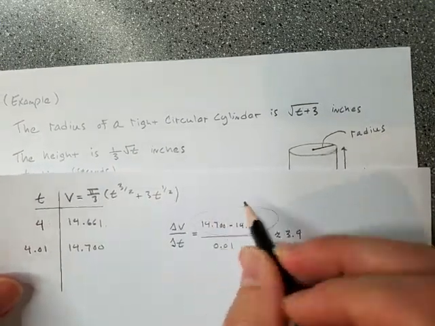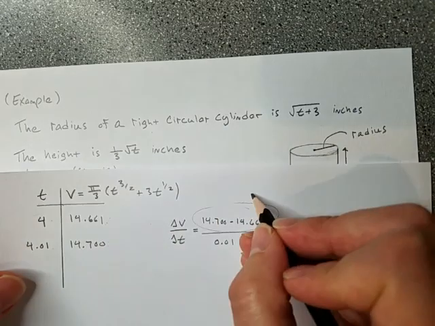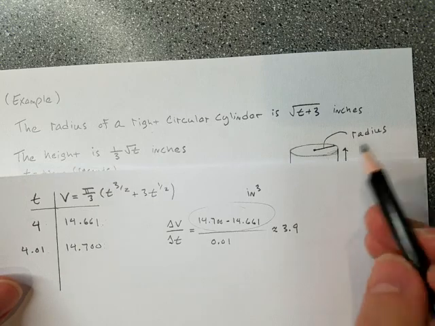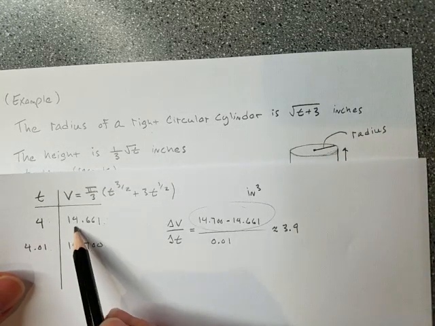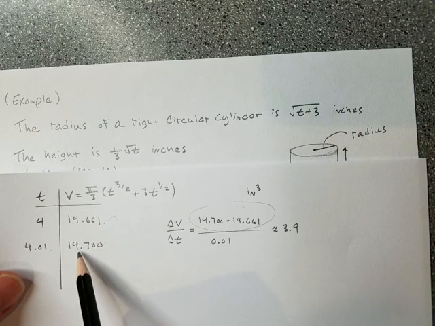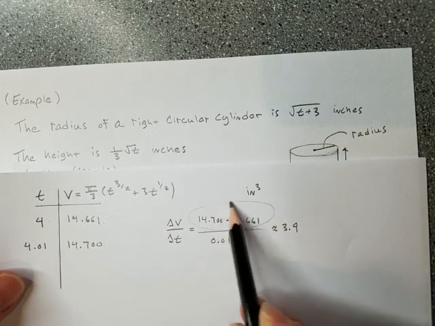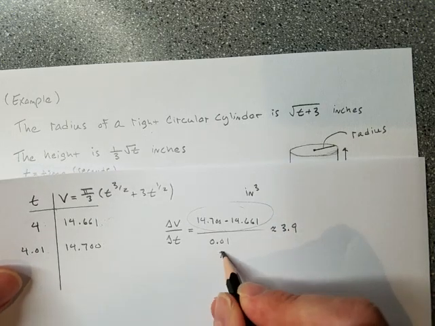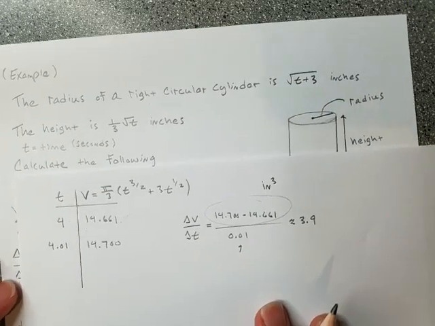So this number up there, delta V and V, is going to be in cubic inches. That's how you measure volume if your length measurements were in inches originally. So that's like 14.661 cubic inches. It got a little bit bigger, 14.7 cubic inches. The volume changed by that subtraction right there in cubic inches. And what about t, time? It says we're measuring time in seconds, all right?